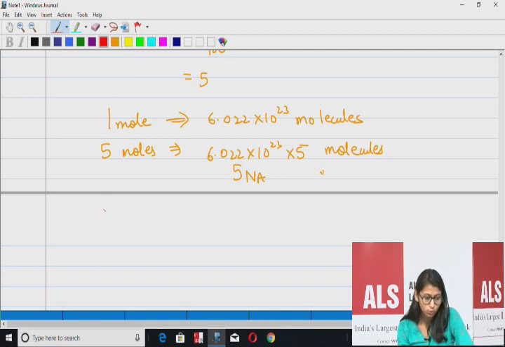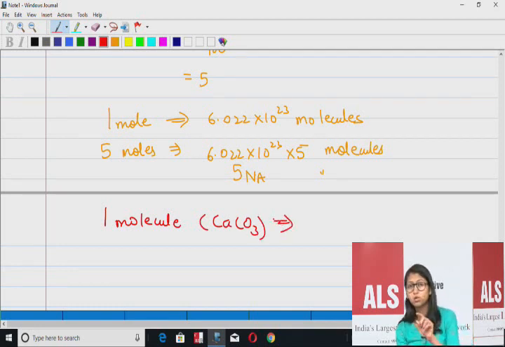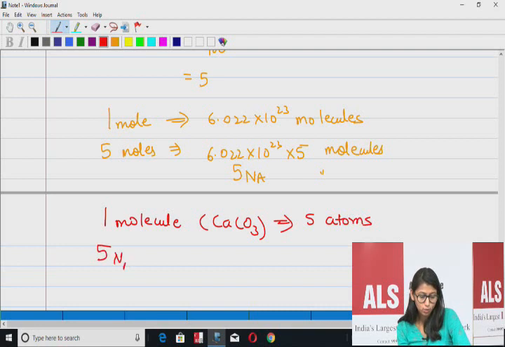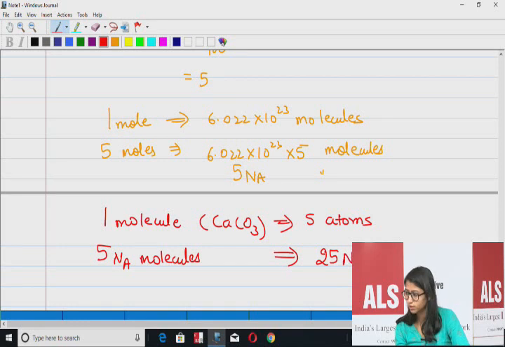I know that 1 molecule of CaCO3 contains how many atoms? Count the atoms: 1, 2, 3, 4, 5 atoms. So 5 Na molecules will contain, by the unitary method, 25 Na atoms.